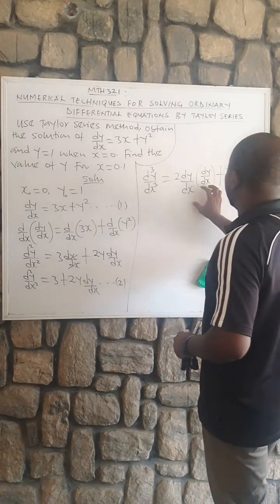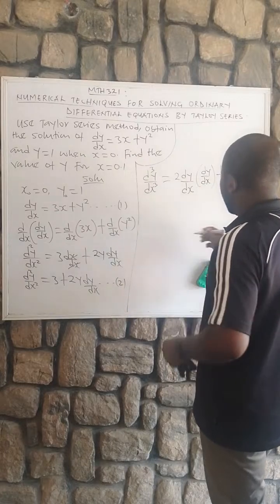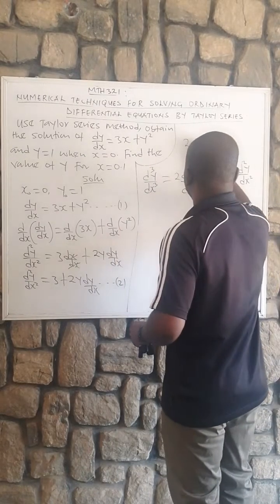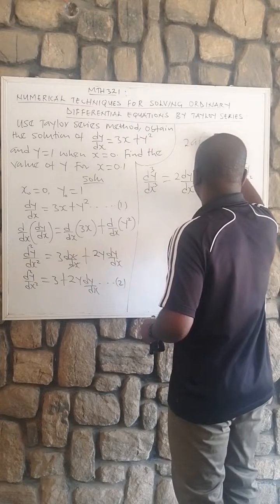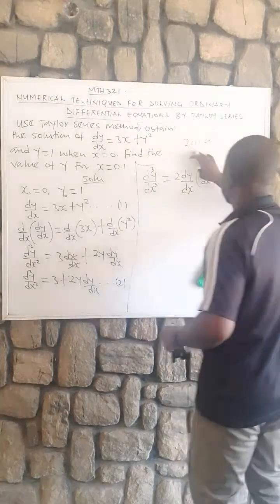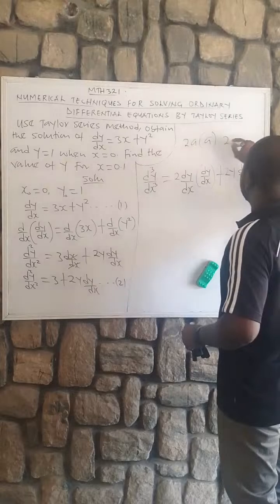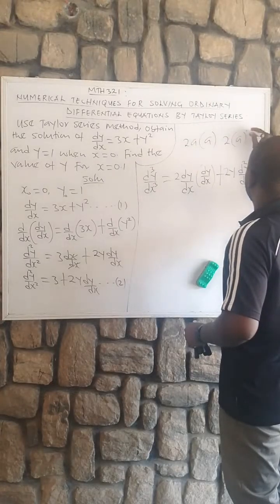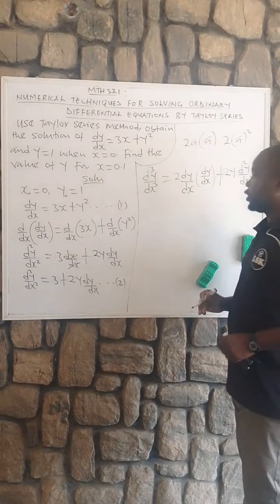We are going to have, if you can see what I am saying, if assuming we have 2 open bracket a close bracket, look at it very well. This is the same as 2 open bracket a close bracket raised to power 2, true or false? It's true.